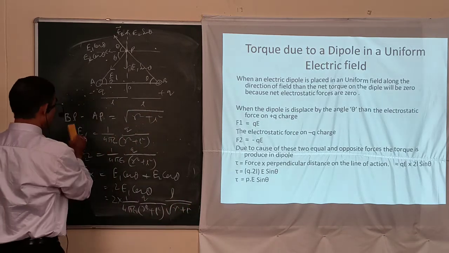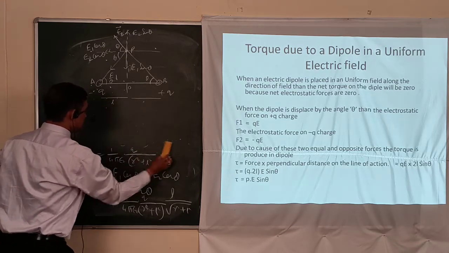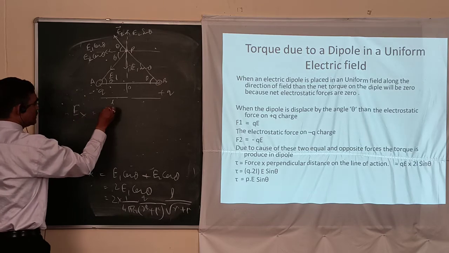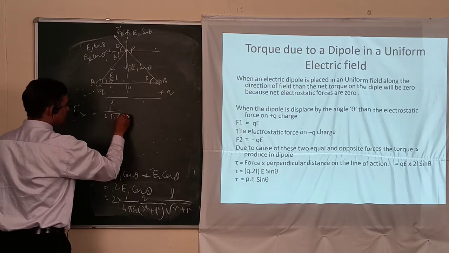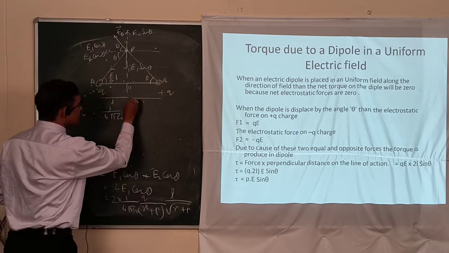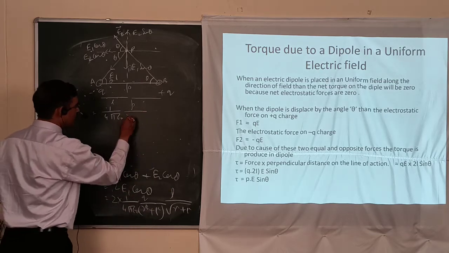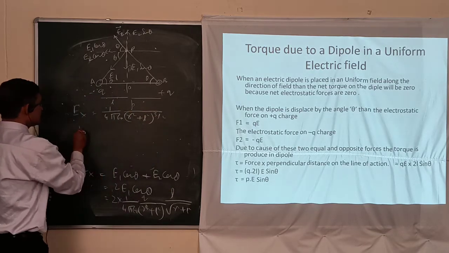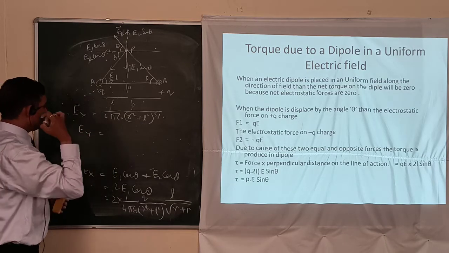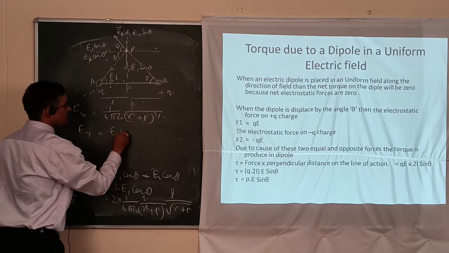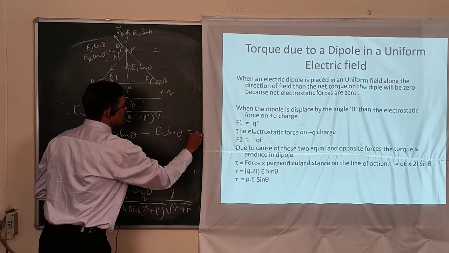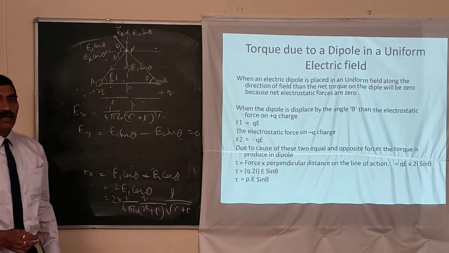So finally we'll get the value given as 1 upon 4 pi epsilon naught times 2QL, it becomes P upon (R square plus L square) whole power 3 by 2. And similarly, if we take Ey, Ey is E1 sine theta minus E2 sine theta, that makes 0 because E1 and E2 are equal.